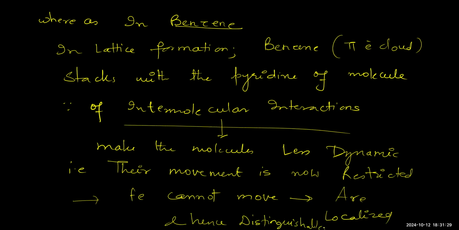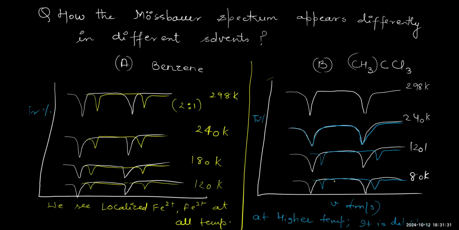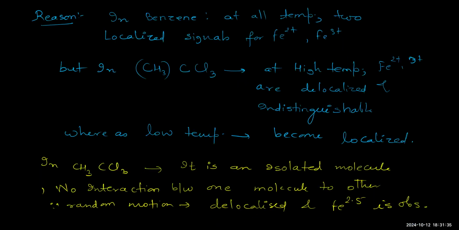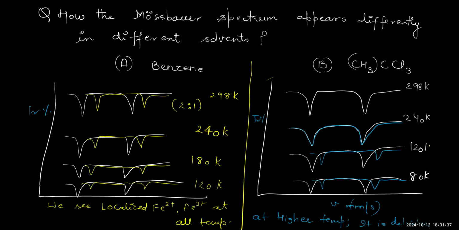Whereas in the case of CH3CCl3, when you are lowering the temperature, it is making very clear that lowering of the temperature is reducing the dynamics of your molecule.